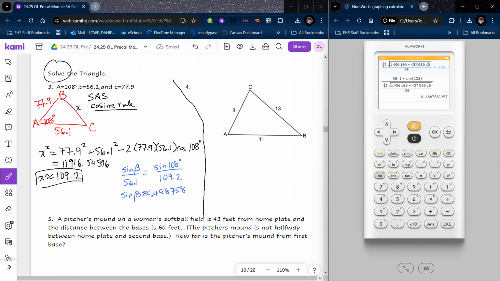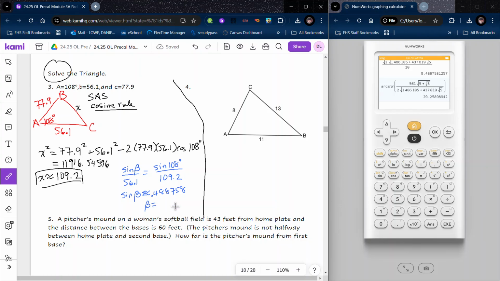All right, so the inverse sine of that answer will be my angle beta. And that gives me beta as approximately 29.3 degrees. Okay, and then I need to find the last angle.